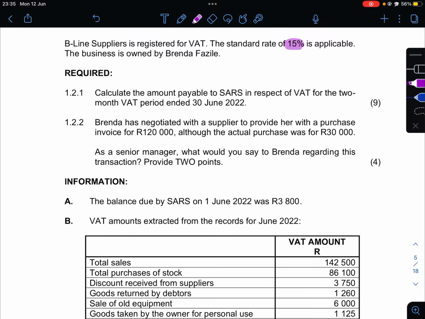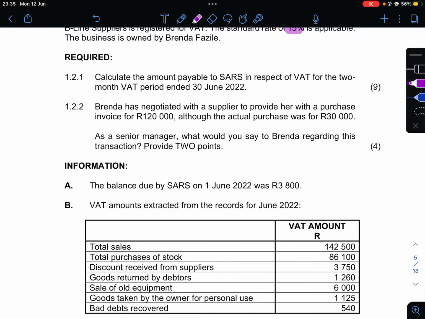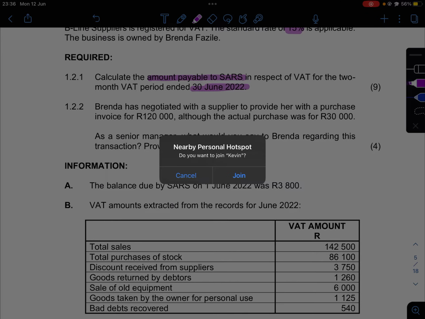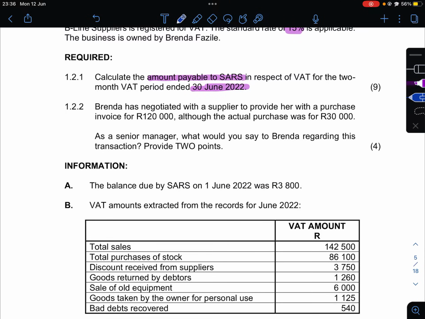And then required, calculate the amount payable to SARS in respect of VAT for the 2-month period ended 30 June 2022. And 1.2.2, it says Brenda negotiated with the supplier to provide her with the purchase invoice, although the actual purchase was for 30,000. Okay, so that's a different question. We'll look at it.